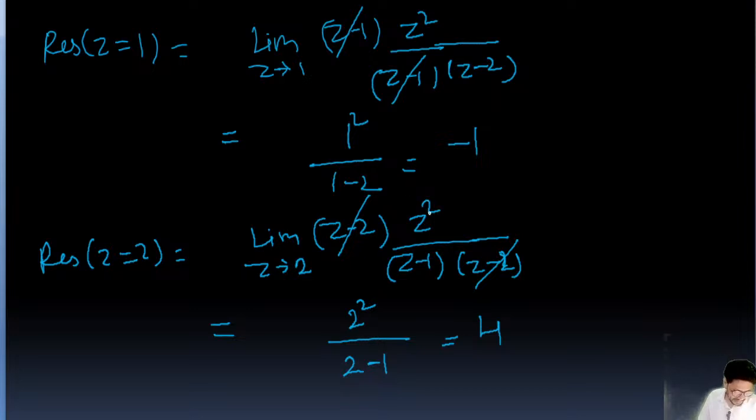So the residue at z equal to 1 is minus 1, and at z equal to 2 is 4, right?